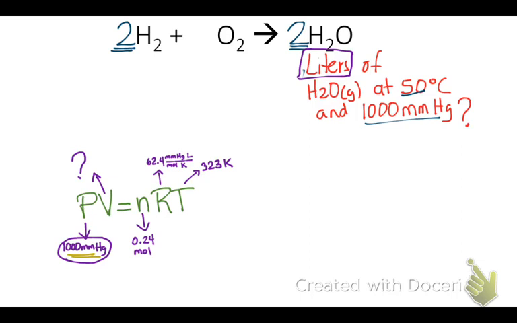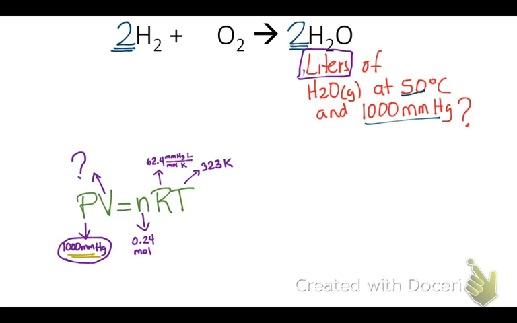You can either transform 1,000 millimeters of mercury to atmospheres, that will be like 1.3, or you can use the other constant. It depends on the units of pressure you have, which constant you will use. The first one uses atmospheres and the other one is millimeters of mercury: 62.4 for millimeters of mercury, and 0.082 for atmosphere liters.